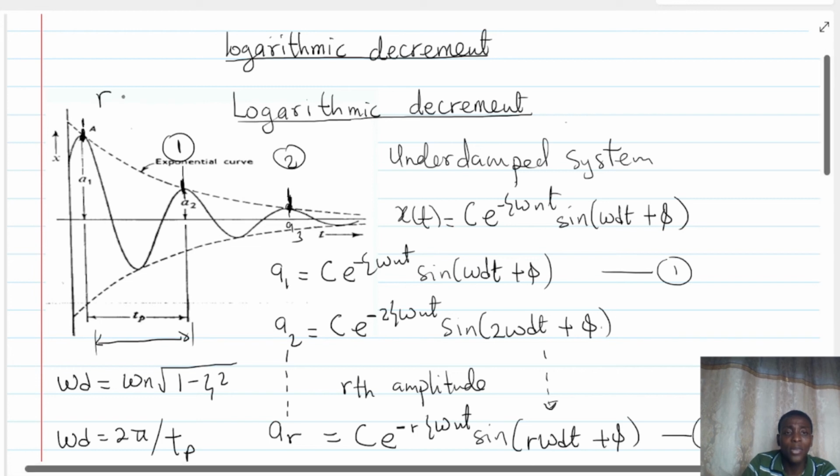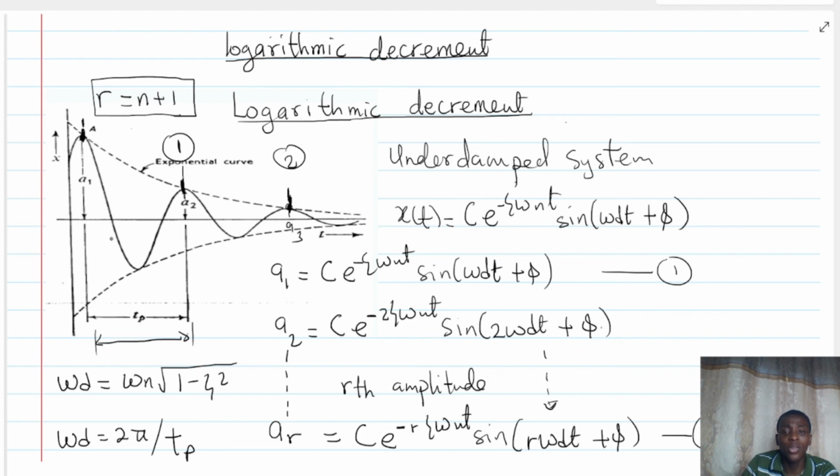So the R-th amplitude is n plus 1. That's all. If I have 4 cycles, I'll be at the 5th amplitude. If I have 3 cycles, I'll be at the 4th amplitude. And look at this. After one cycle, which is n equals 1, R is 2. I am at the 2nd amplitude.